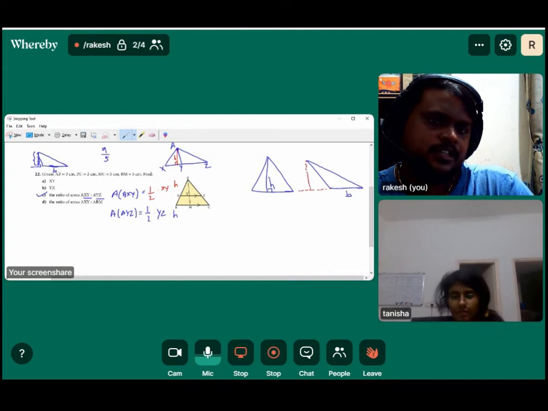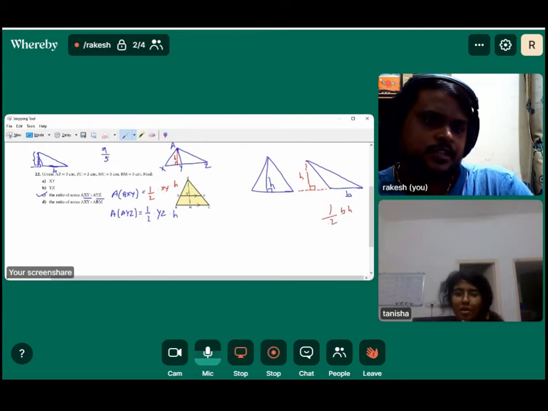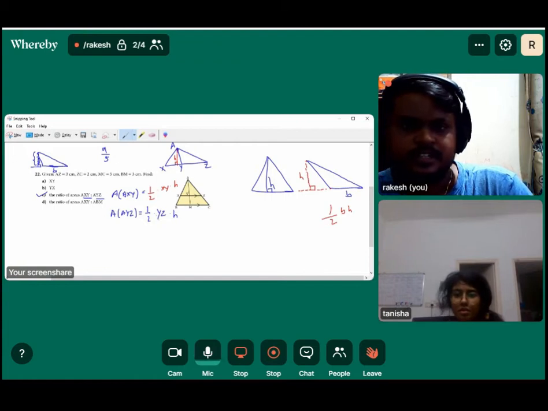This is height, so area will be half BH in this case. Similarly here, area of AYZ will be half YZ into H.